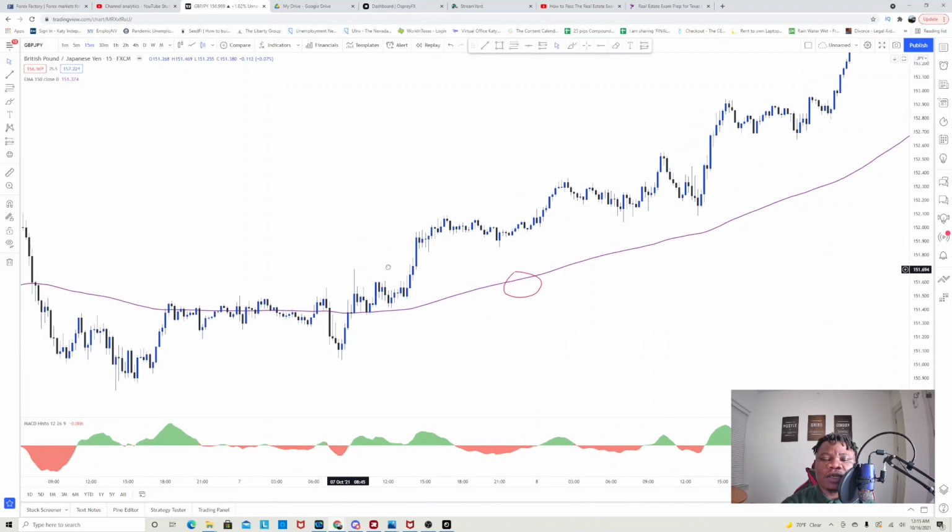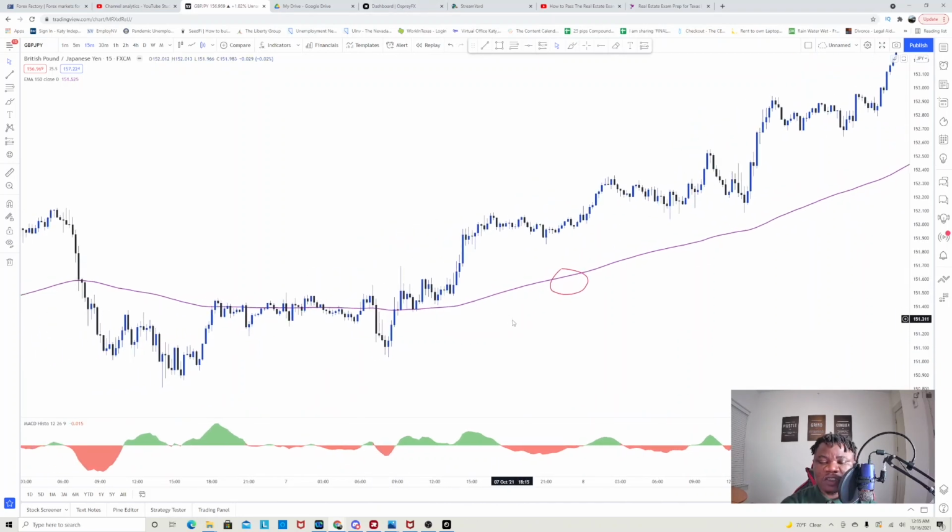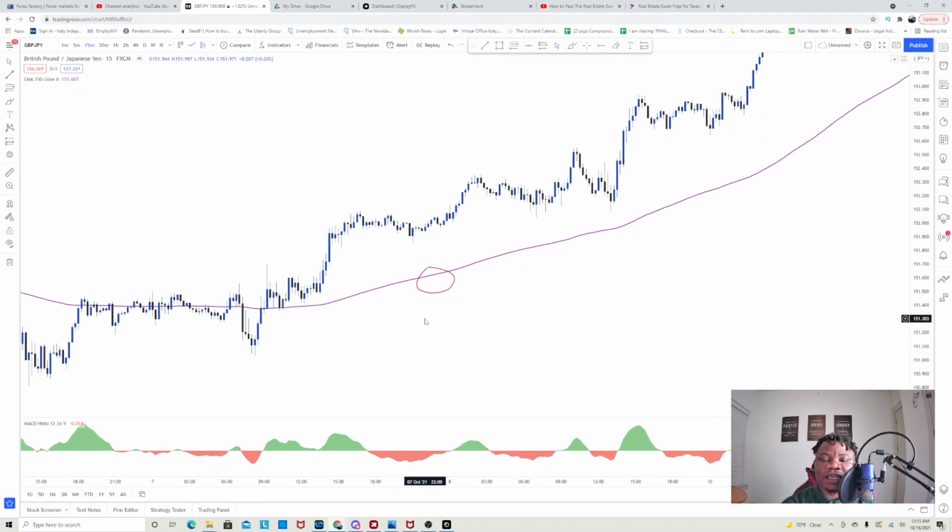Before we get in, we need to look for our resistance zone, and for the MACD histogram, we need to make sure that the histogram cloud is green.